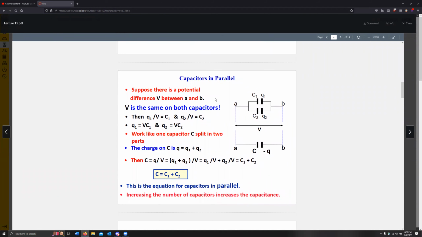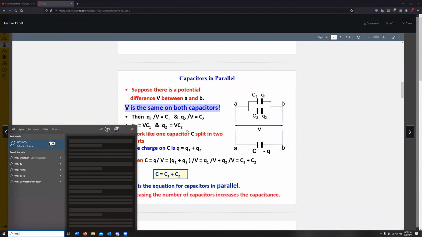There's a potential difference V between A and B. So V is potential difference in this case. So here V is the same in both capacitors. So then Q1 over V. Wait a minute, what?